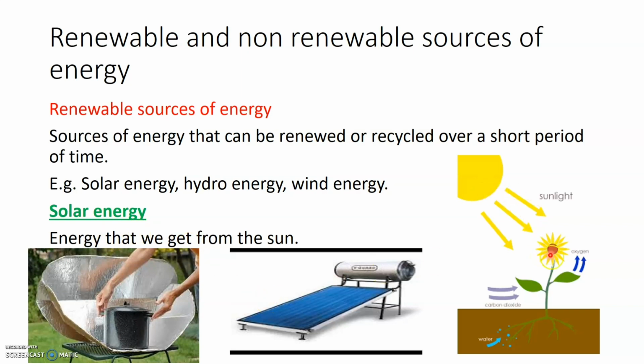It is required by plants to produce food by the process of photosynthesis, and it is also used in order to produce electricity. So solar energy is used in solar watches, solar calculators, as you see here, solar cookers, solar water heaters, etc.